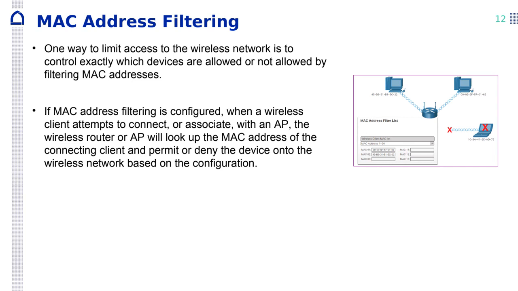Another method is to use MAC address filtering. So I only allow people or devices whose MAC address I have approved. It's time consuming to configure, but it's very secure. But what will happen? I gave you access, you are using your laptop.